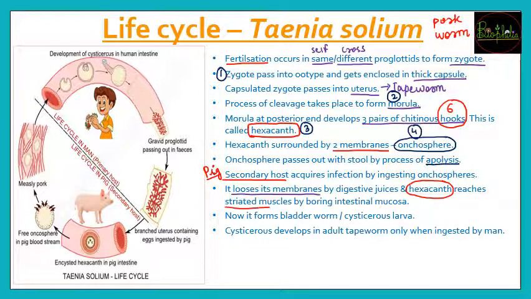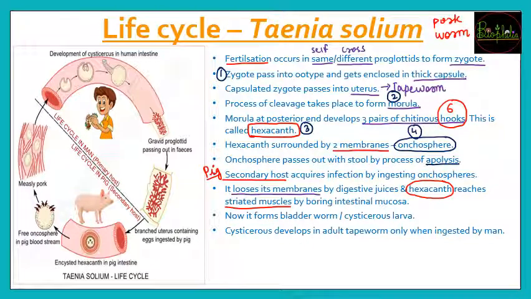And this hexacanth is going to reach the striated muscles. So digestive juices में that was in the intestinal region. So intestinal region से जो intestinal mucosa के अंदर holes बना के it will start boring. So once it starts boring, the particular pig is going to experience a lot of abdominal pain.